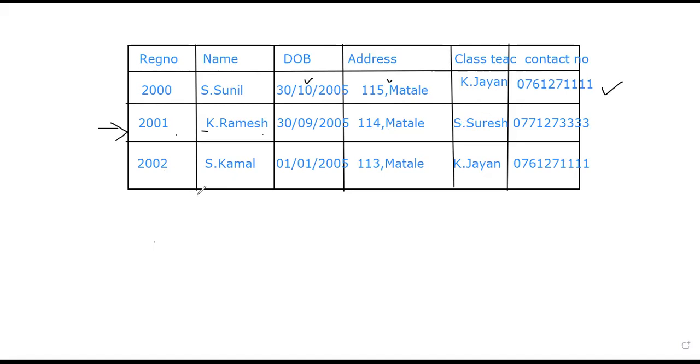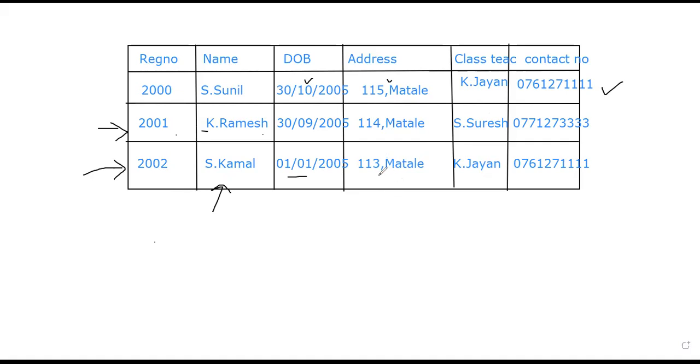The teacher is S. Suresh, and if you check this one, 2002 is the registered number, name is S. Kamal, the student's name, and the date of birth of the student is 11/2005. Sorry, here it must be 11. The address of the student is 113.